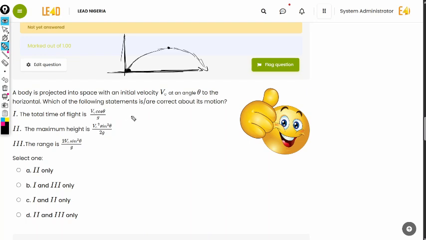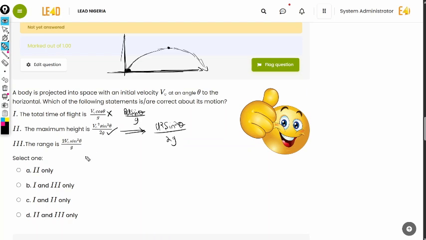For time of flight, the formula is 2u sine theta over g, right? So this is wrong. Time of flight is 2u sine theta over g. Maximum height is u squared sine squared theta over 2g.